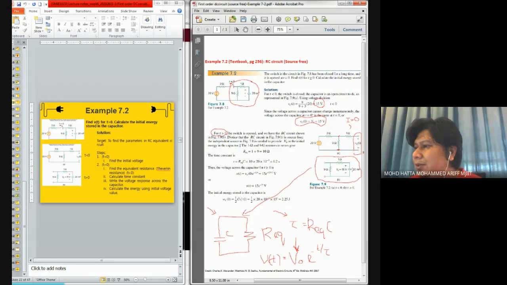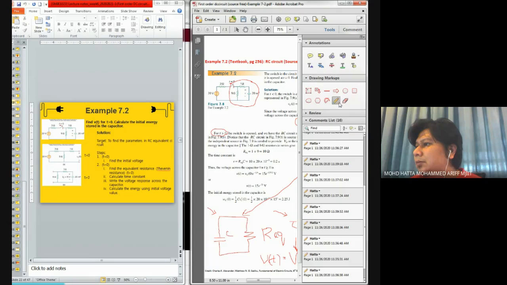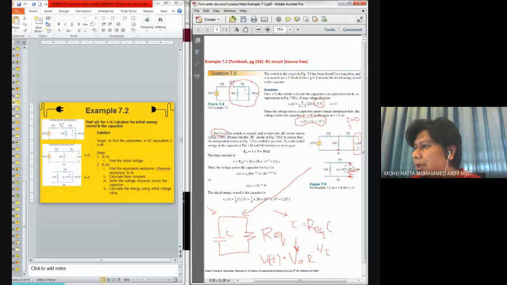Basically, you can find it using the same technique that I showed just now, where you open this part first and find the resistor looking from this direction.